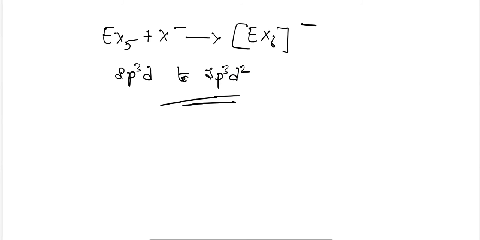Here the hybridization of the central atom, that is the group 15 element, changes from sp3d to sp3d2. So these were some of the properties of the trihalides and pentahalides of group 15 elements.